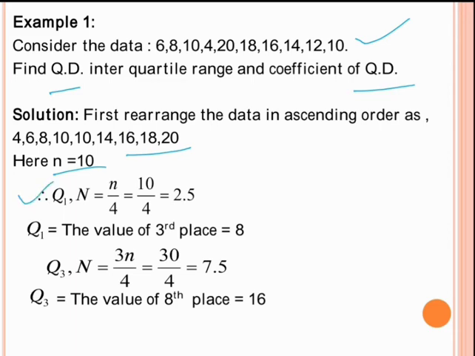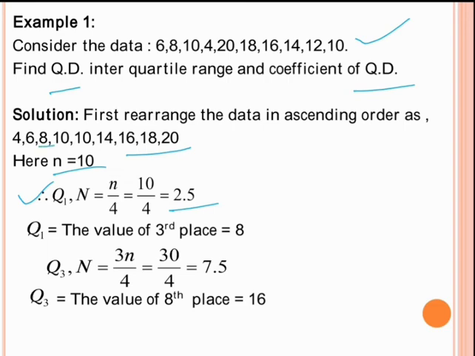So for Q1, N is equal to n k by 4. So k is 1. So n into 1 by 4, that is 10 by 4, which is equal to 2.5. Now this is not an integer, so we'll take one number higher than this. That is we will take the third value from the ascending sequence.